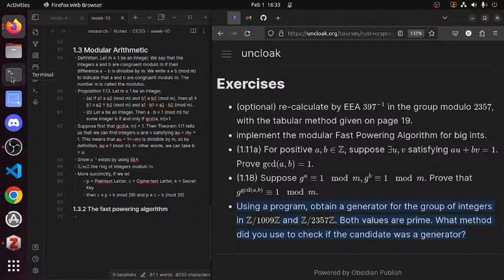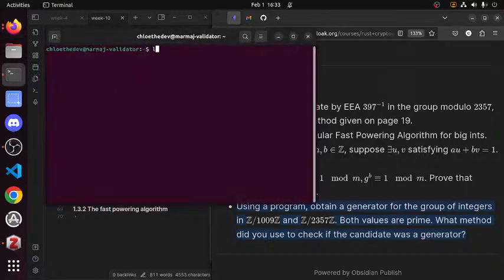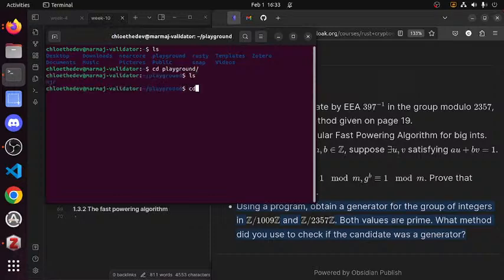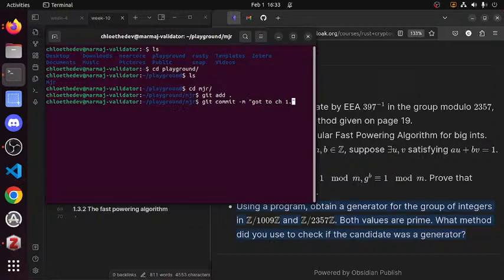The last thing I will do is see if my term is working. So, there you go. I think I can just get commit. Maybe got to ch 1.4, I think.